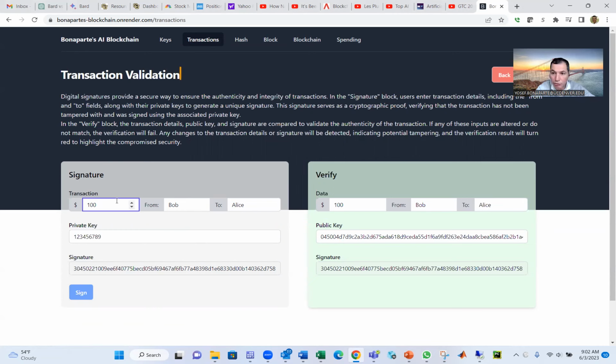If somebody tried to cheat the system and put Bob sent $10 to Alice, in this case the signature becomes red, which means you changed the transaction. But if you put 100 here and sign, boom, the transaction is verified. This is the right transaction. So in the blockchain system, you cannot cheat on a transaction.